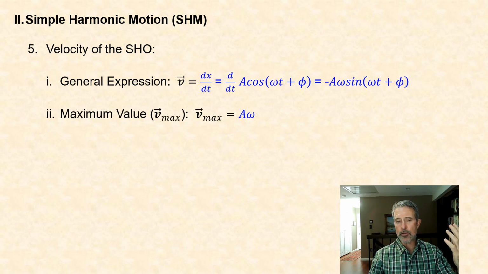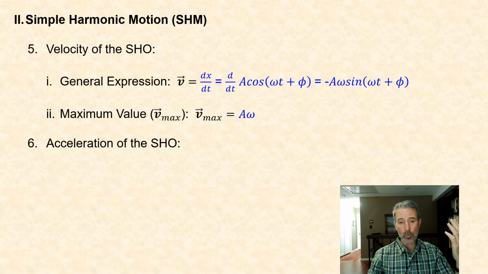It's of interest here to find the maximum value of the velocity. And when we look at the function sine(omega t plus phi), we know that a sine function oscillates between -1 and 1. So the maximum value of the sine function is 1. Therefore, the maximum value of the velocity would be minus a times omega times 1, or a times omega.